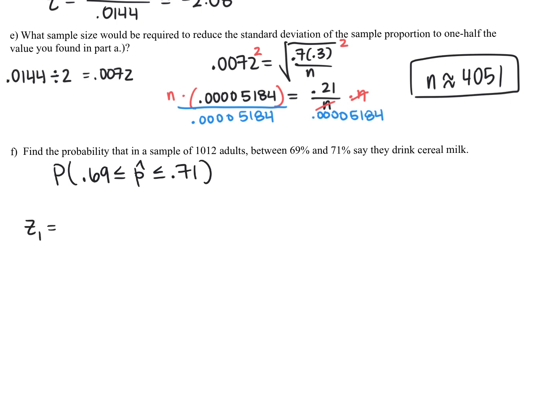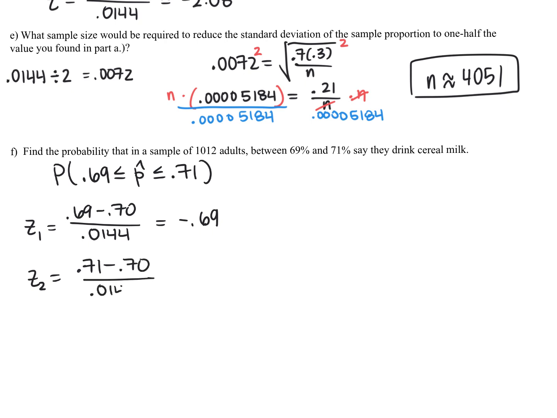So my first z-score is going to be 0.69 minus 0.70 over the 0.0144. And we're going to get negative 0.69. My second z-score, I'm going to do 0.71 minus 0.70 over 0.0144. And we're going to get positive 0.69.